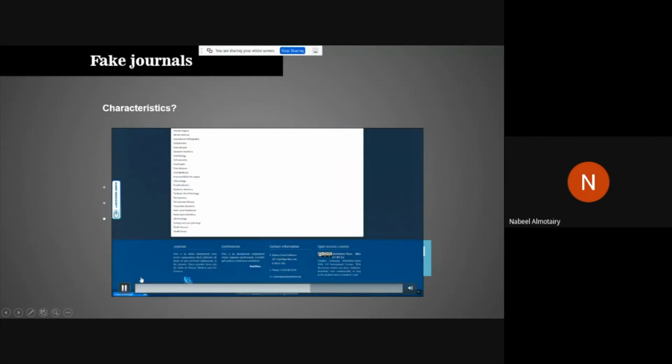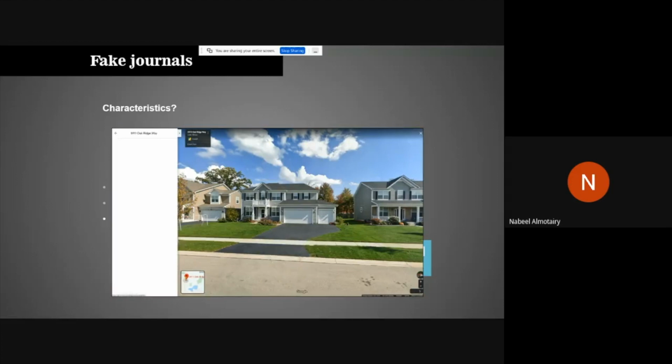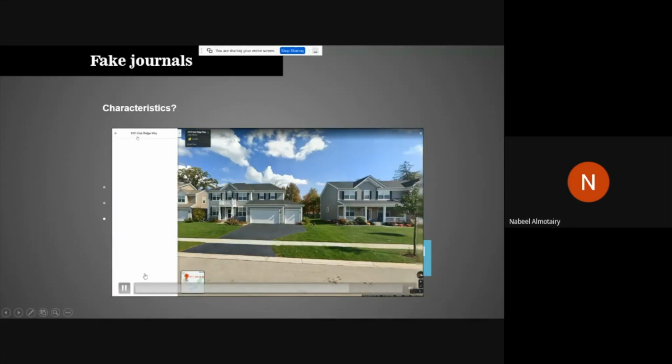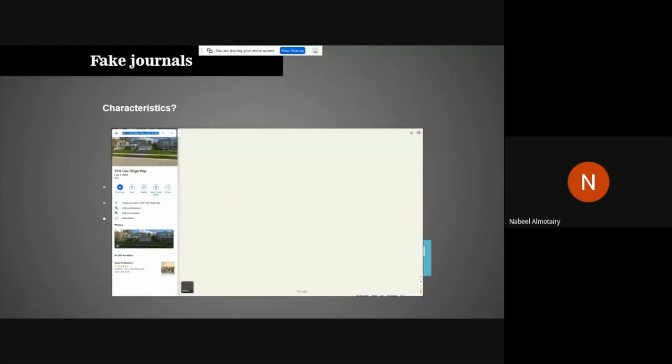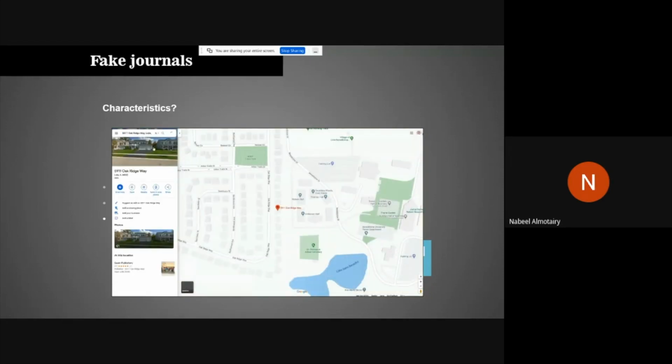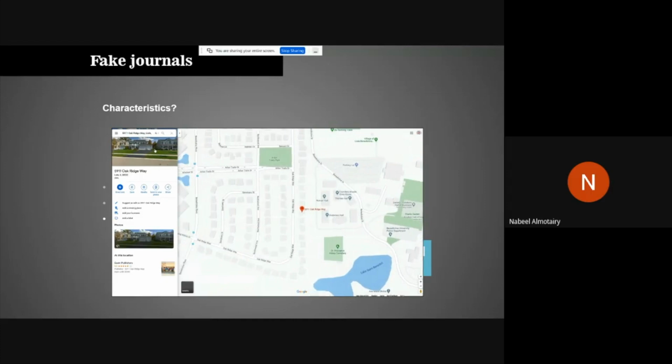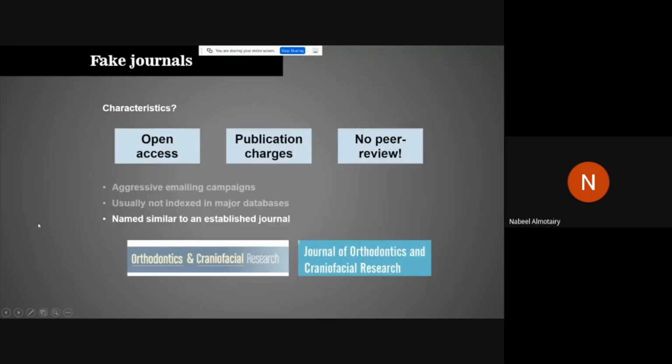Although the journal is orthodontics, they accept from different disciplines, for example, endodontics and other disciplines that are not totally related to orthodontics. And the address of the journal, it's funny that it is a villa in the United States, which really shows you the amount of dishonesty in these journals. So you have to be careful when you try to submit your article.